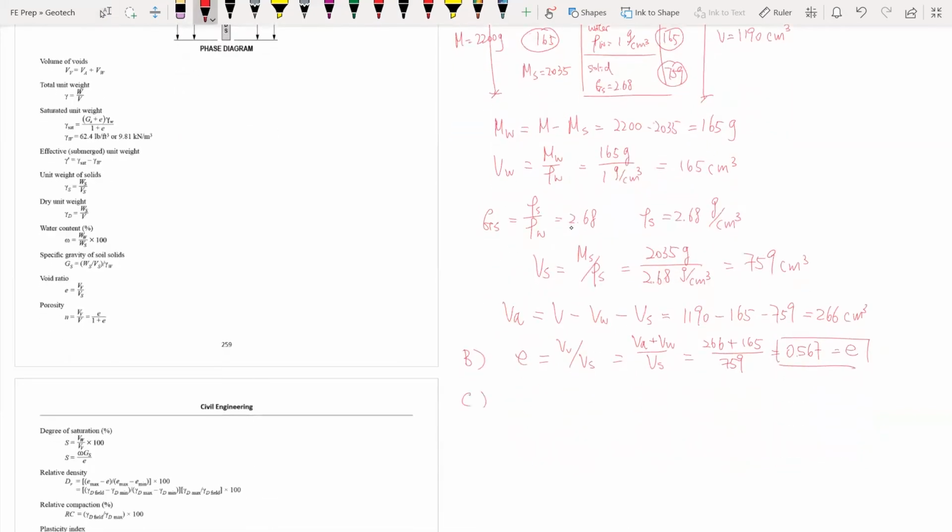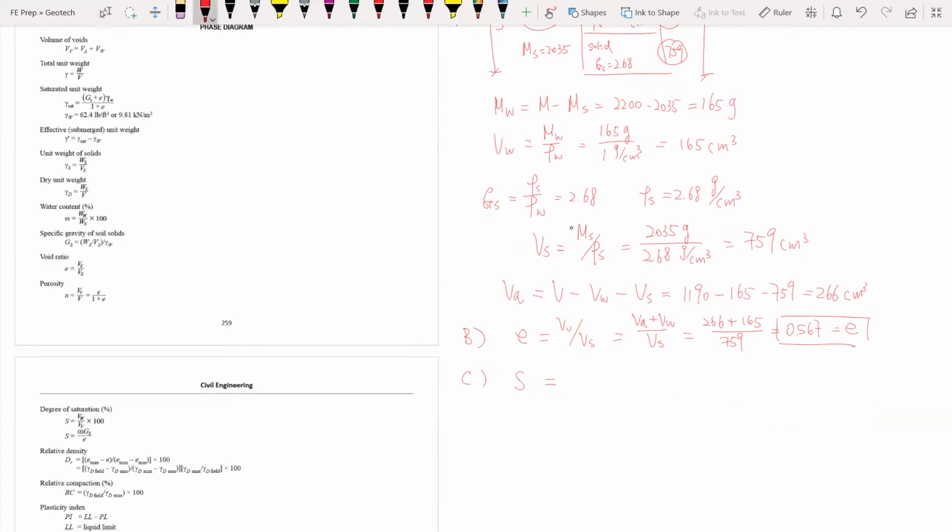In part C, we are asked about the saturation, and saturation is equal to, as we can see on the FE manual right there, the volume of water divided by the volume of void.